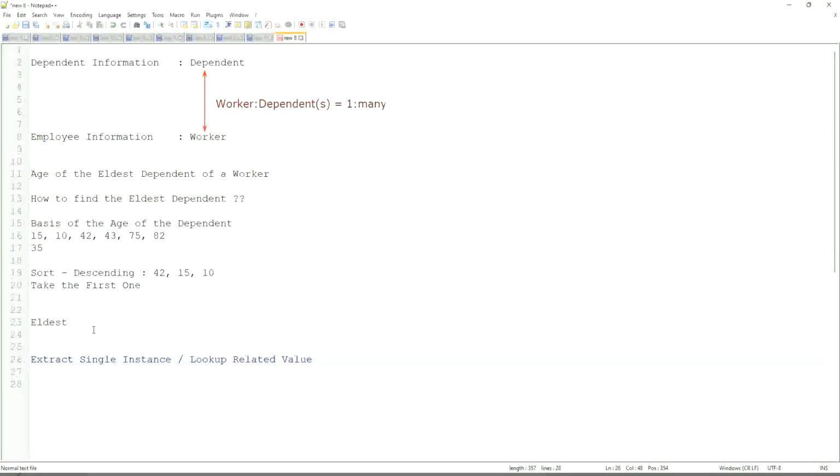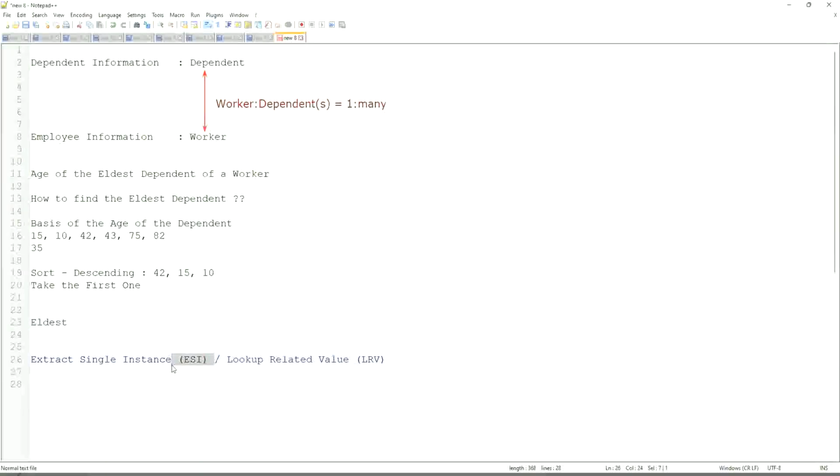This is the most common calculated field function that people will ask you in your interviews. ESI LRV. Extract single instance is called ESI. Lookup related value is LRV. They work in combination.